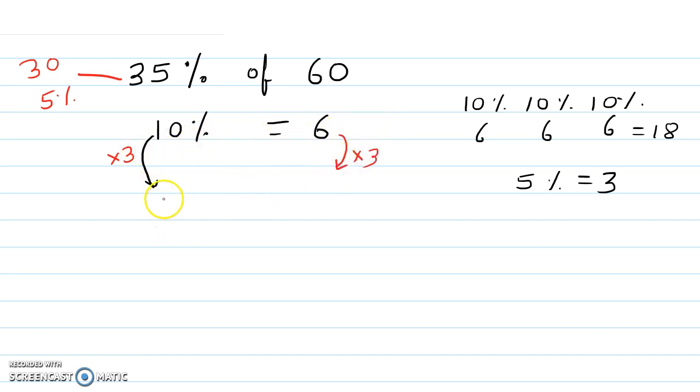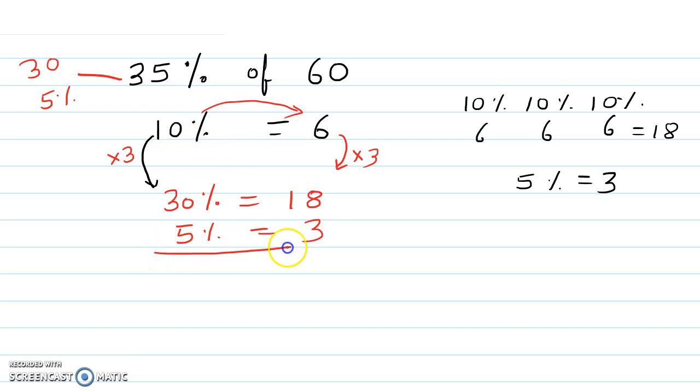So 3 times 10 is 30%, and 3 times 6 is 18. Now 5% is left. 5% will be half of 10%. So 10% is 6, half of that is 3. So if you add them, it will be 35%, and 18 plus 3 is 21. So 35% of 60 is 21.